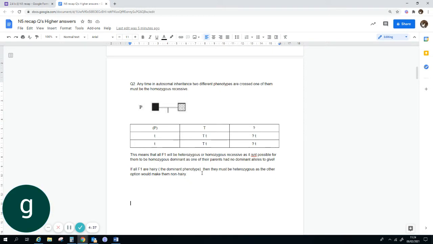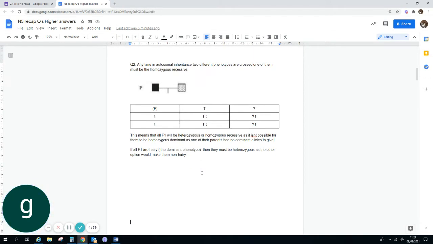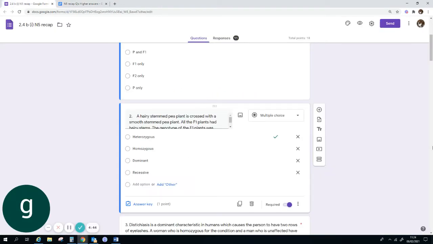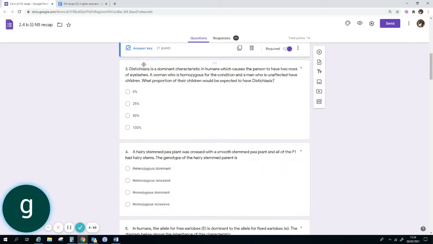So it is likely that they are the heterozygotes. So heterozygotes.